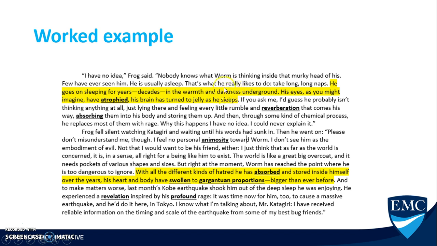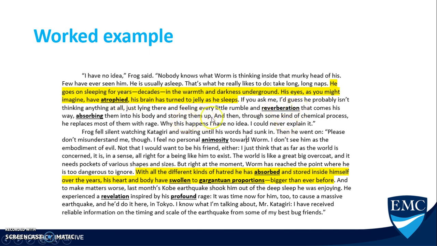So if he's been sleeping for a long time, he's underground where there's not much light, his eyes haven't been used much, perhaps. His brain's turned to jelly as he sleeps, so his brain's kind of switched off almost. So I'm thinking atrophied might be something about Worm, this character, not using his eyes. Maybe his eyes being damaged in some way, perhaps.